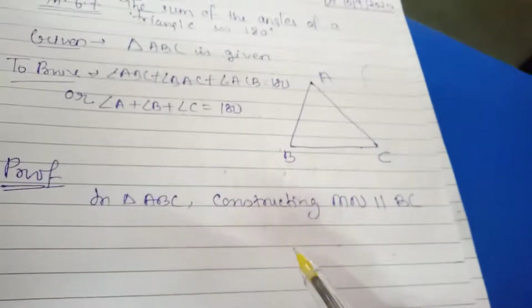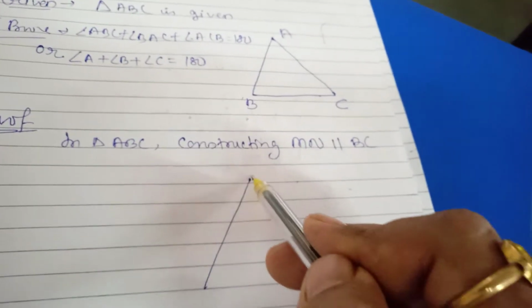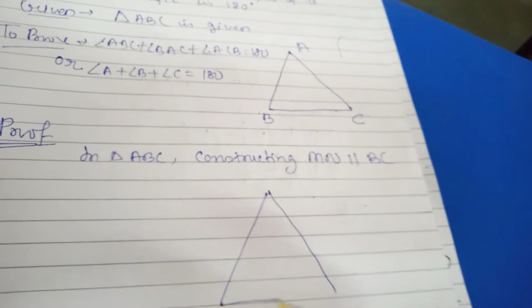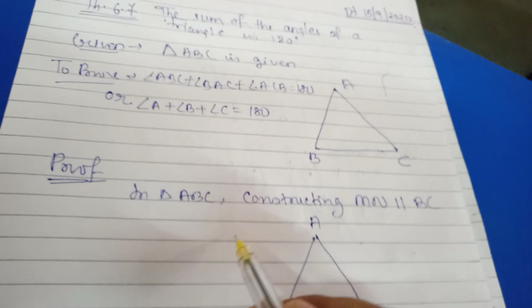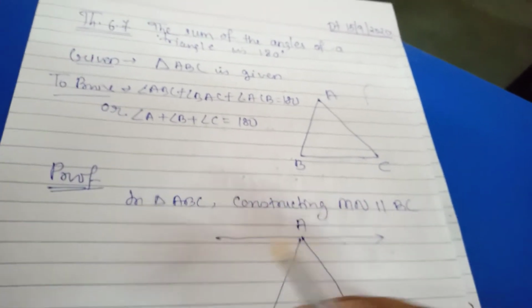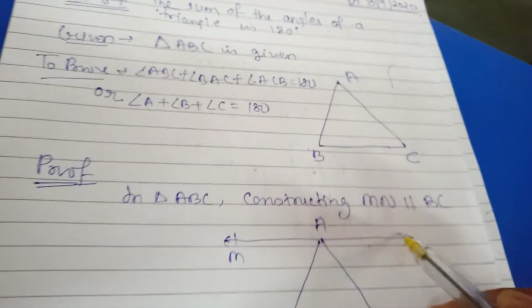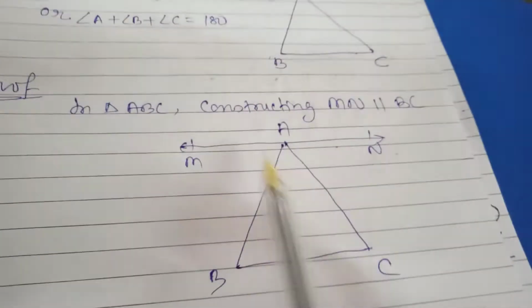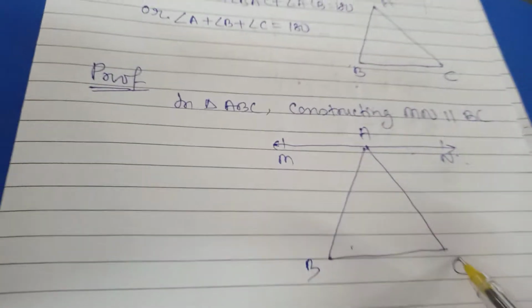So now let's sketch the diagram. This is ABC, A, B, C, and it is M and N. So MN parallel to BC.